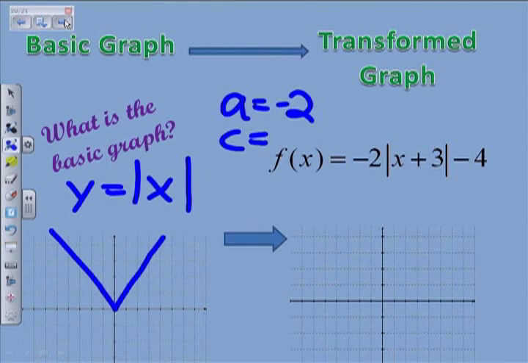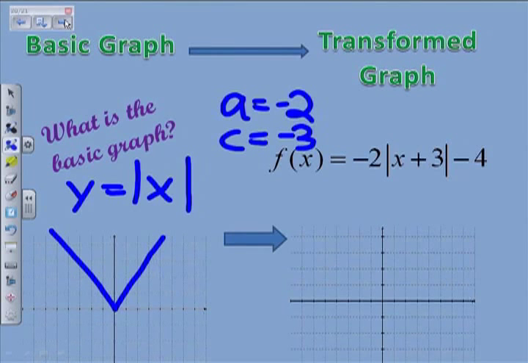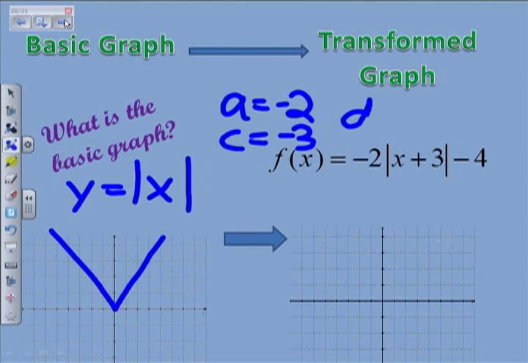Now, technically, because that C is subtracted, this C is a -3. And the D is a -4. Boy, we're swimming in negative signs, aren't we? Now that means that my last step will be to slide this guy. And I would slide him 3 to the left and down 4.